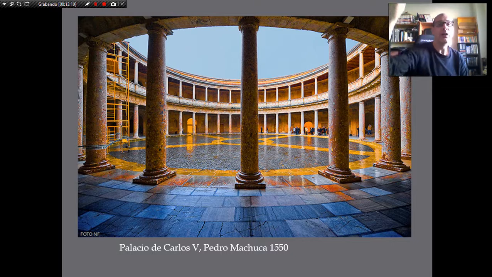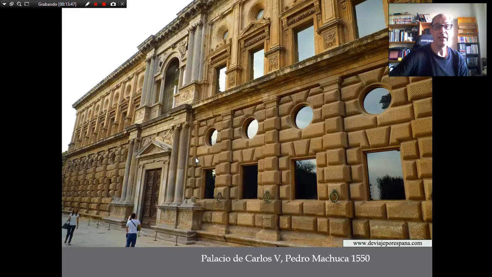Another floor, another part of the building, would be Corinthian columns, but we have two parts: Doric on the first floor, Ionic on the second floor, and then the circle. Remember this idea of perfection in the circle of this palace of Carlos I, Carlos V, who is the same king. He is Carlos I in Spain, Carlos V in Germany, because he is at the same time king in Spain and king in Germany. So Pedro Machuca, remember this architect.